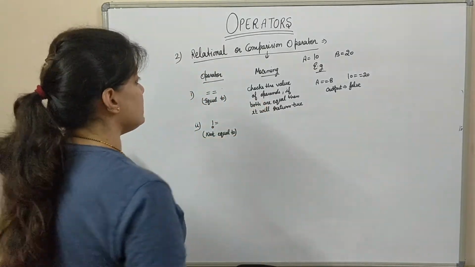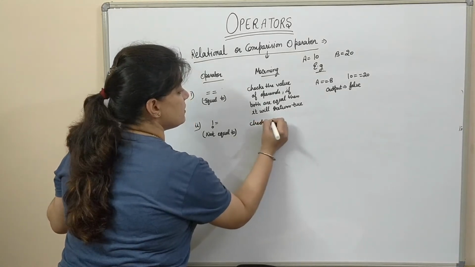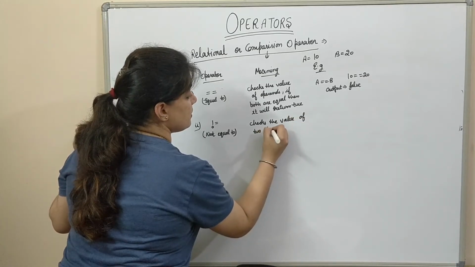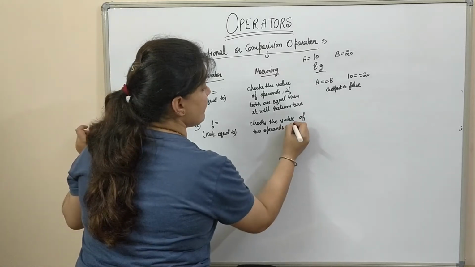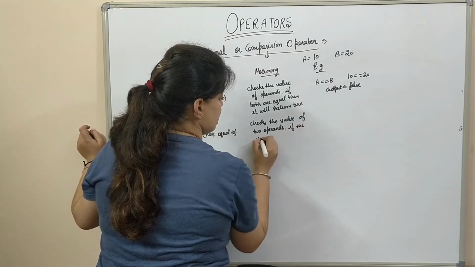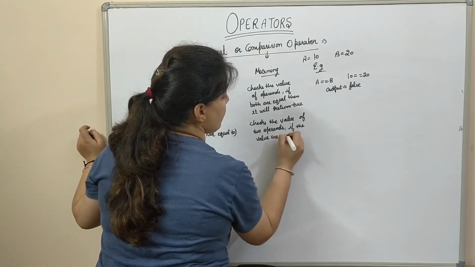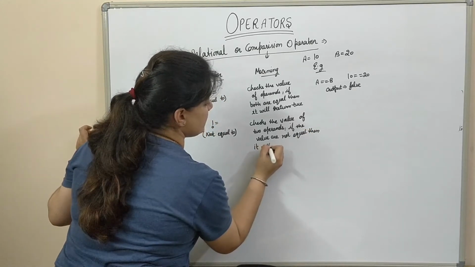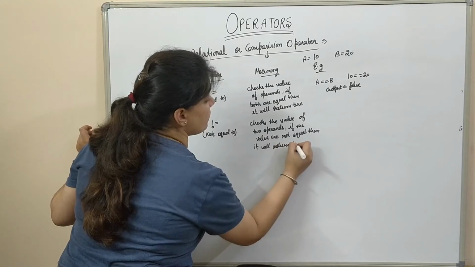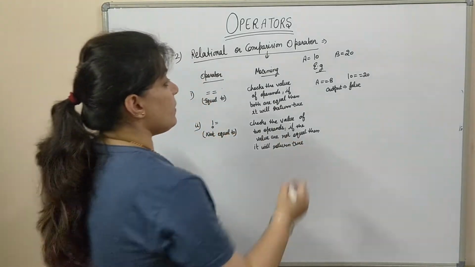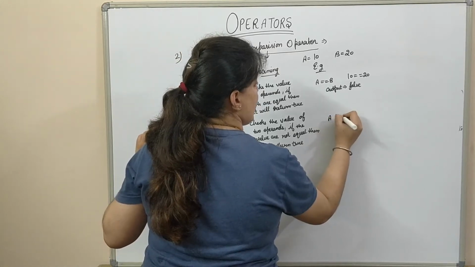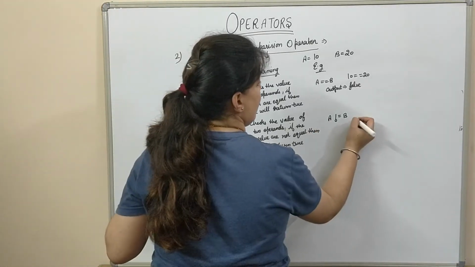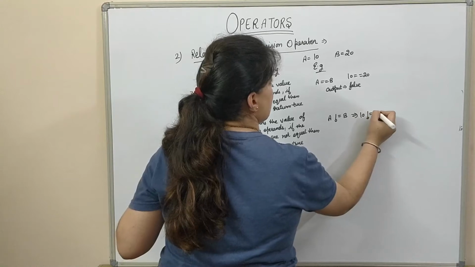It is just the opposite of the previous one. Now if I write here A is not equal to B, what is the value of A? 10, not equal to 20.